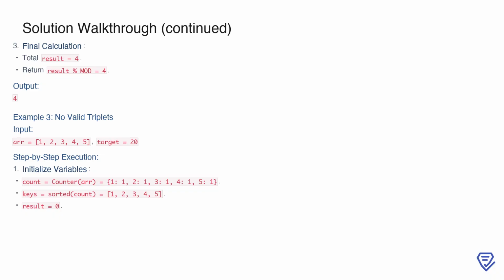As we iterate through the keys, for any combination of x and y, the calculated z equals target - x - y is always greater than the largest number in the array. Since no valid triplets can satisfy the condition, the total result remains 0. Finally, we return result % mod, which is also 0.